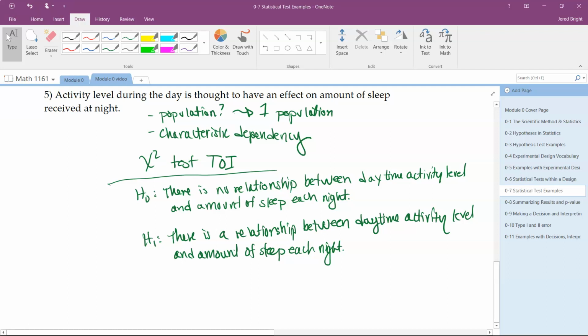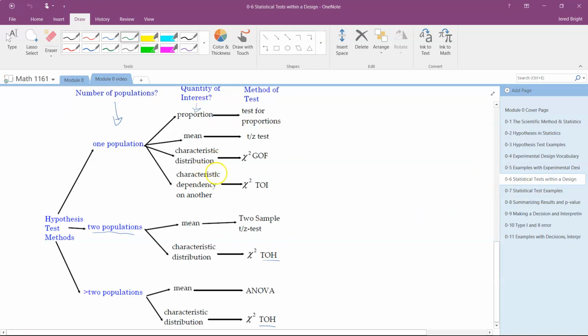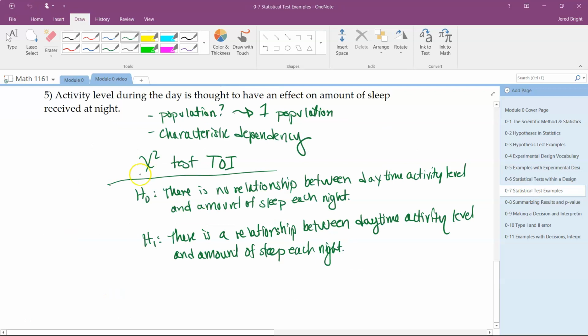And so given that we're looking at a characteristic dependency, we'd have to go back to our tree and say, okay, well, characteristic dependency only occurs here, and that's in one population, which makes sense because you wouldn't want to look at multiple populations as well as a characteristic dependency. So that's why we assume there's just one population, and then we would use the chi-squared test of independence.